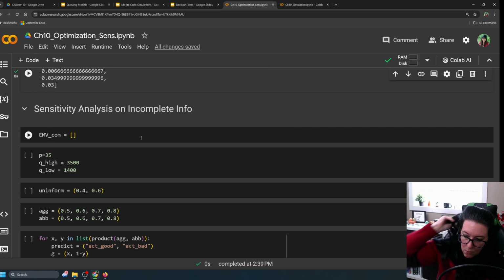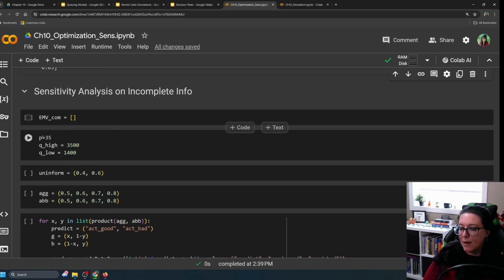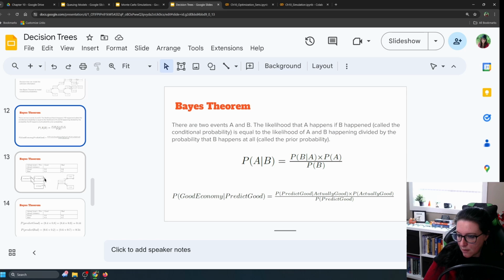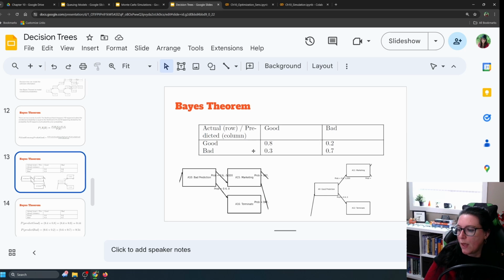Okay, so what we can do here is we can keep the price where it is, keep the quantity where it is, but let's look at what is the likelihood that the expert isn't as expert as they think they are. So you can see here, right?